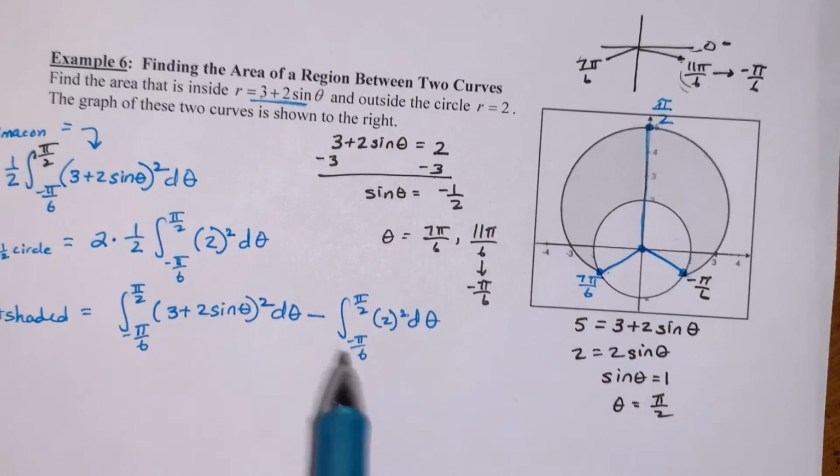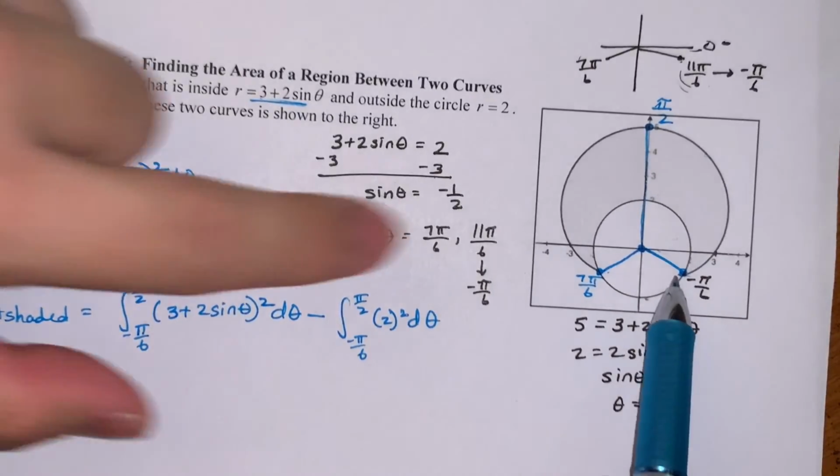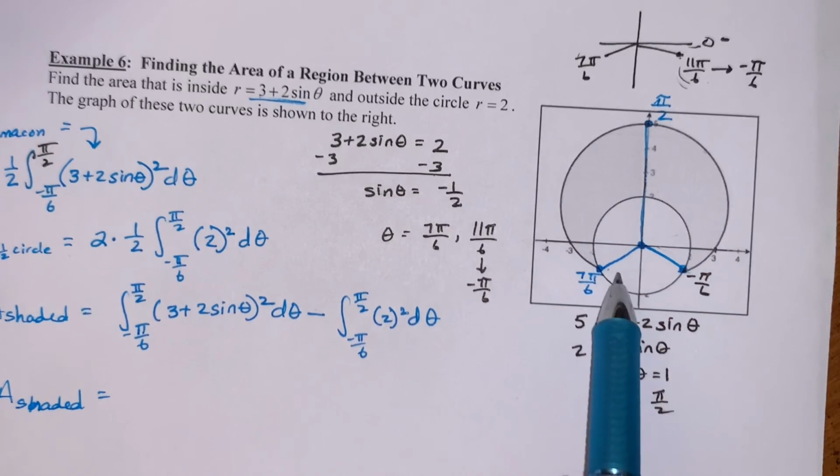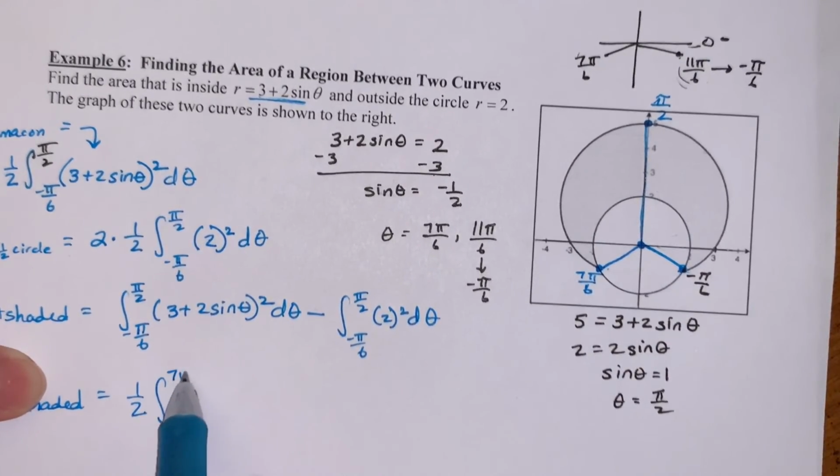Likewise, this is actually going to be the exact same thing as the area shaded. I could have also done the area of the whole thing, right? So if I did from negative pi over 6 to 7 pi over 6, it actually would have been the same thing as 1/2 the integral from negative pi over 6 to 7 pi over 6.